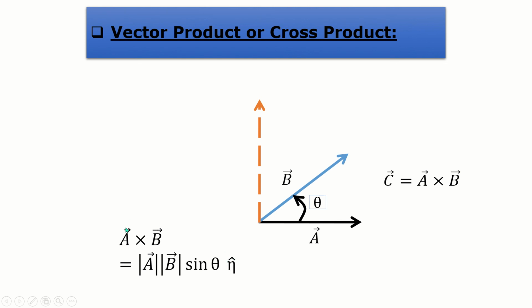Eta hat means the direction of A vector cross B vector. The direction of A cross B will be perpendicular to these two vectors, on the upper side. Clear?